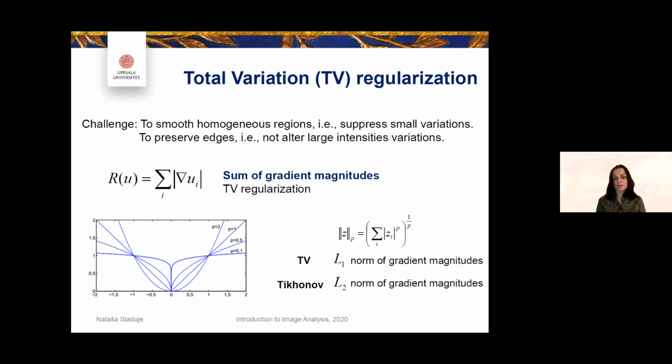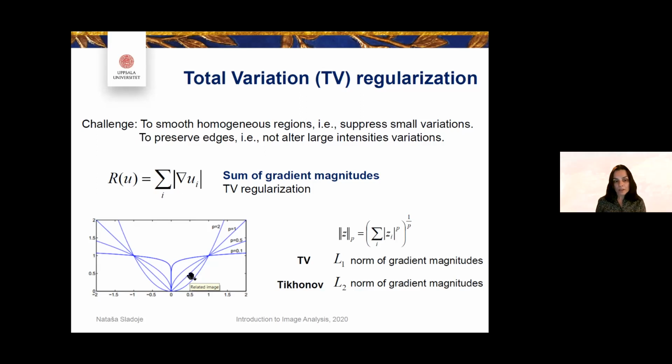While with L1 or TV regularization, I will act more on those small values which correspond to noise. So they will be more visible to my optimization problem, and will therefore be more suppressed.